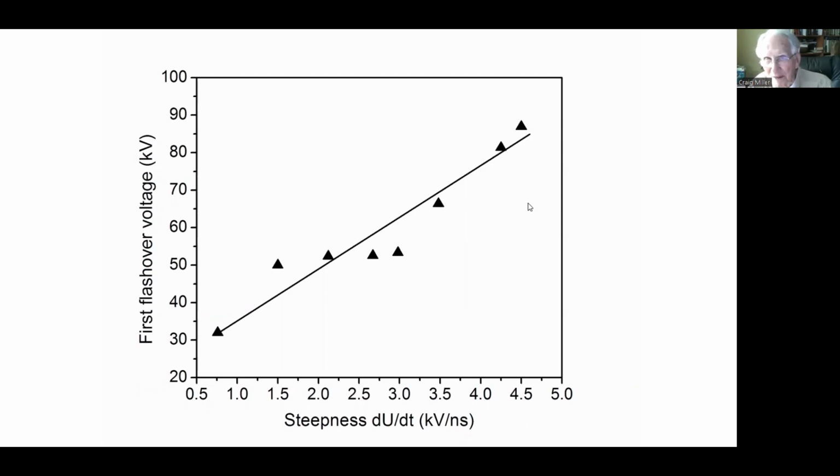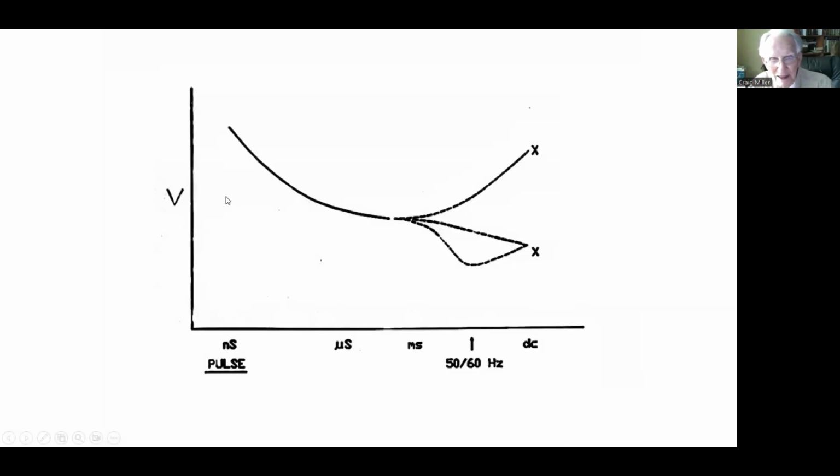Now, if you look at it overall generically, from the nanosecond region out to the microsecond region and millisecond, the flashover voltage decreases with increasing pulse length. Typically around the millisecond, depending on the geometry and the material, you find 3 patterns. Unusual, but has been seen, the voltage now increases to DC, usually not quite as high as a very short pulse, but higher than a medium length pulse.